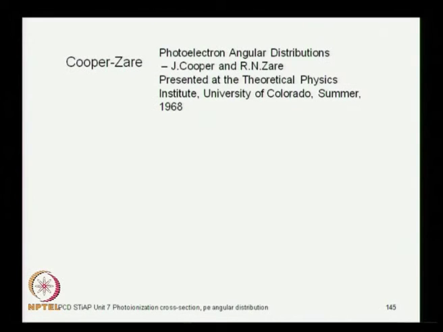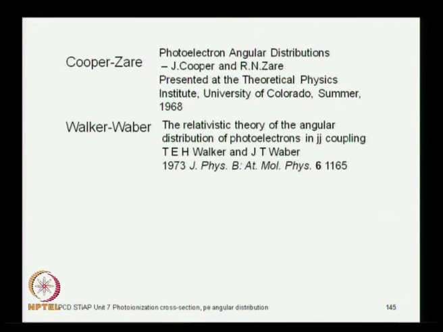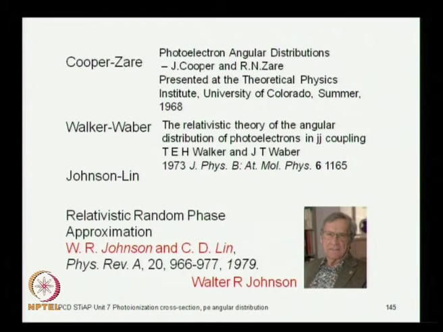You can get some references in this paper. So I will give you some of the essential references, and we conclude discussion on the angular distribution of photoelectrons and also this unit. This is the classic paper by Cooper-Zare, which I have uploaded on our course web page already. Walker and Weber give you the relativistic formula, and when you include the electron correlations, of course you do not have exact solutions.